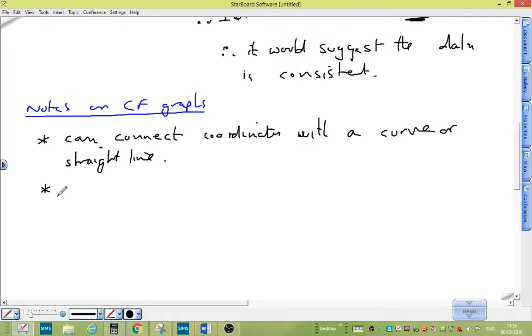I want this next point written in capitals. Always plot using the upper, underlined, boundary of each class.